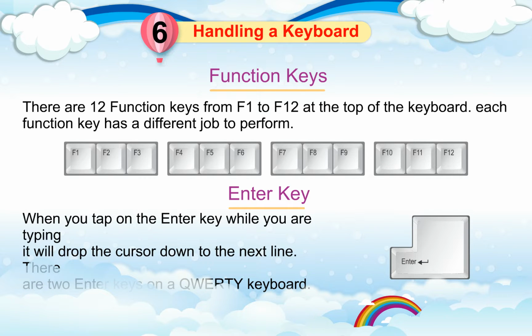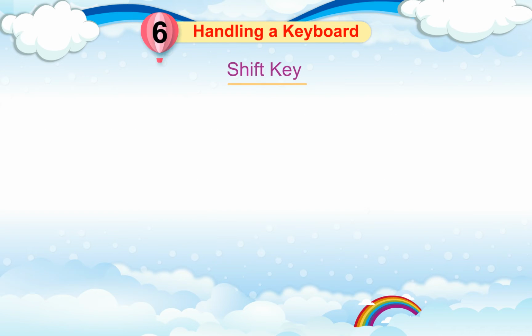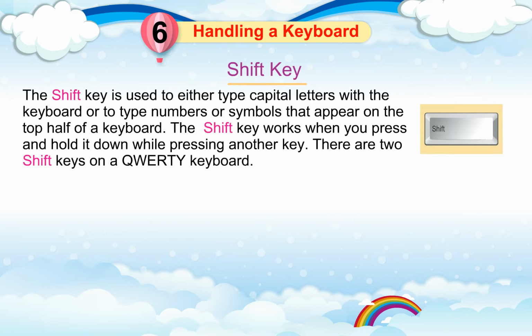Enter key. When you tap on the enter key while you are typing, it will drop down the cursor to the next line. There are 2 enter keys on a QWERTY keyboard. Shift key.